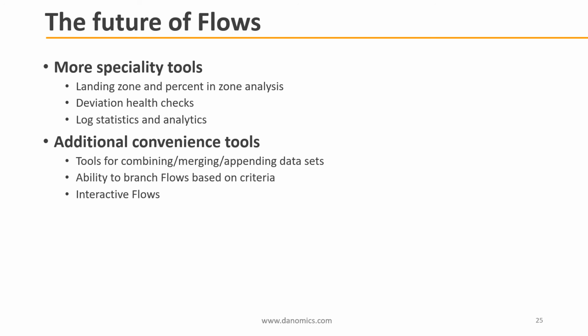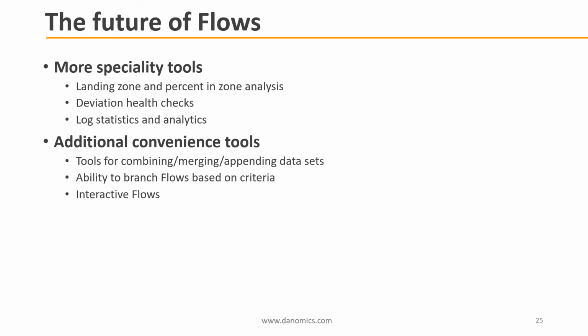Another are additional convenience tools. So tools for combining, merging, and appending data sets within flows. One thing we were considering is the ability to perform branched flows. So this would be, say, if the data looks like this, perform this operation, otherwise do this other set of operations on it.